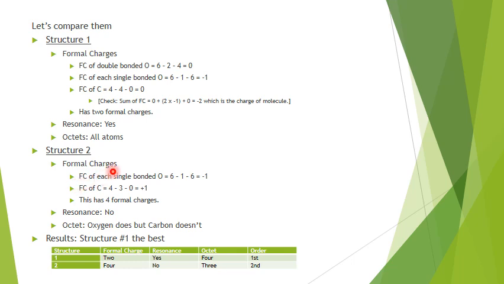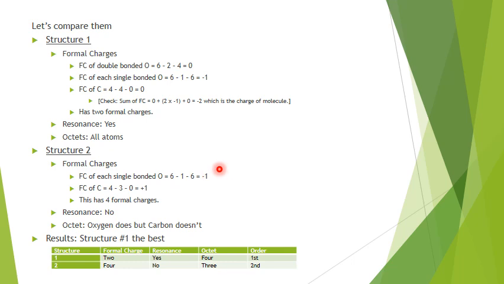Right, now if you look at the second structure, all the oxygens have 1 bond and 3 lone pairs. So each one of them has a formal charge of 6 minus 1 minus 6, which is -1.